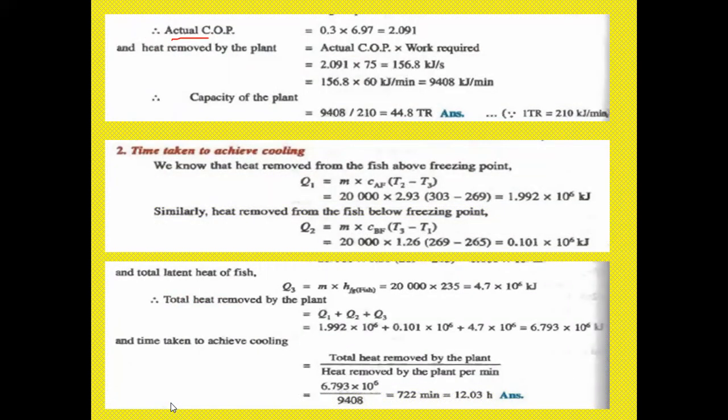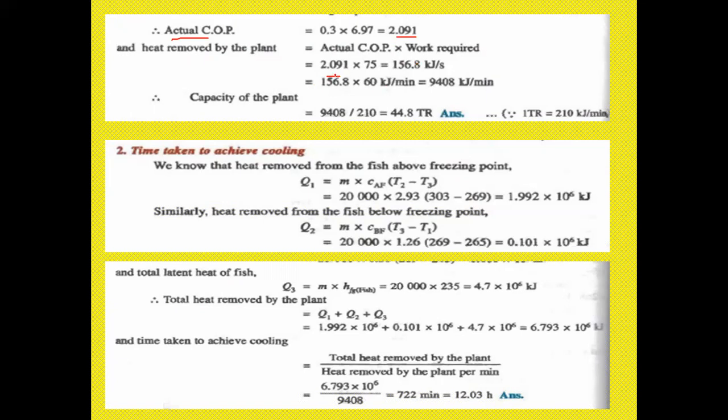So actual COP is equal to 0.3 into Carnot COP. Now the heat removed by the plant is the actual COP into the work required. The work required in the question is 75 kilojoules per second.